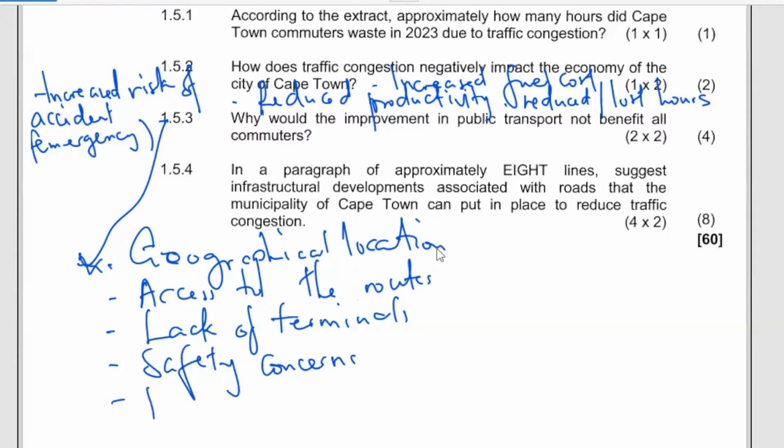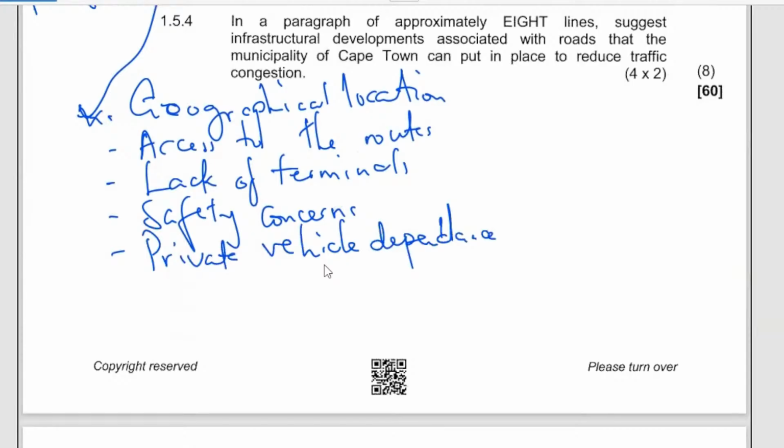And also, we can talk of private vehicle dependence. There are people who depend completely on their private vehicles. They are not interested in accessing public transportation. And also, lastly, we can talk of commuting times.